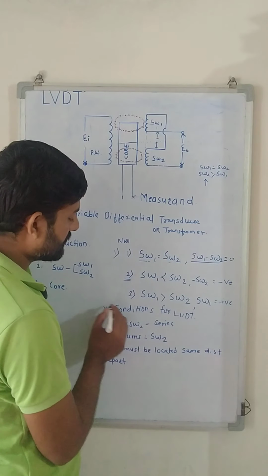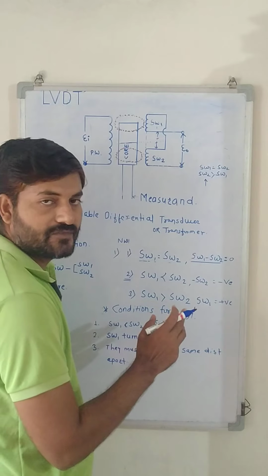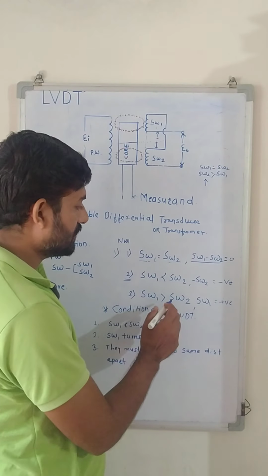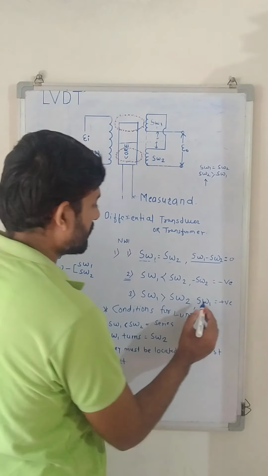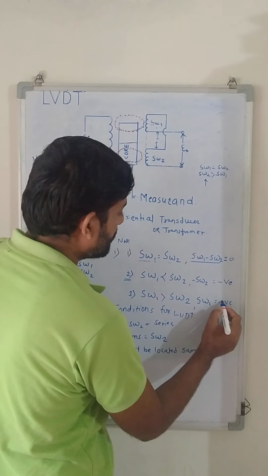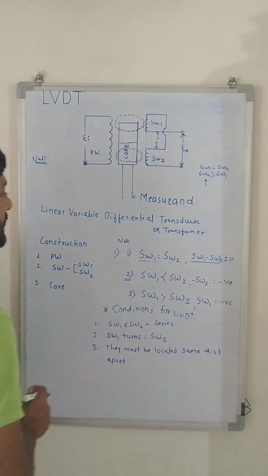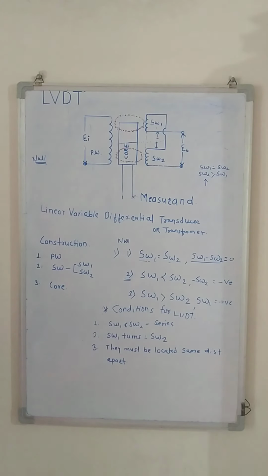In the third case, when the EMF generated in secondary winding 1 is greater than secondary winding 2, what will be the equation? We will get SW1, which is positive. So these are the three equations we get as per the movement of the core.